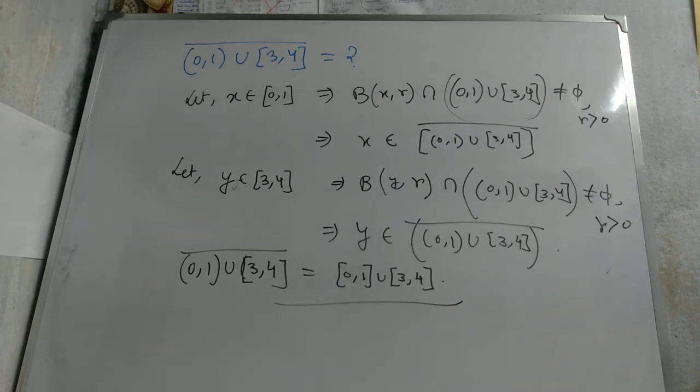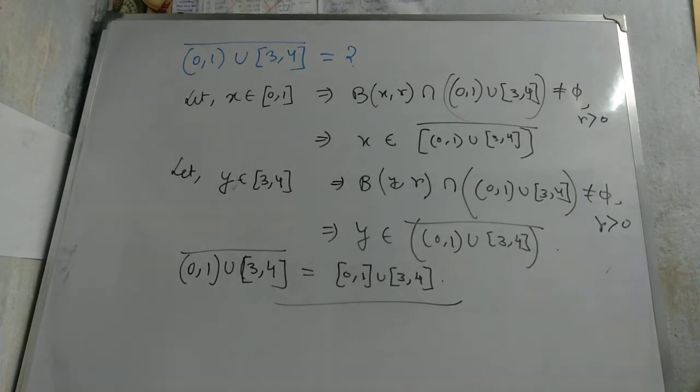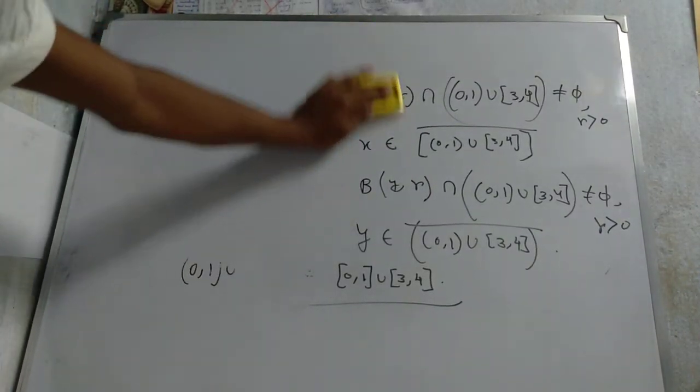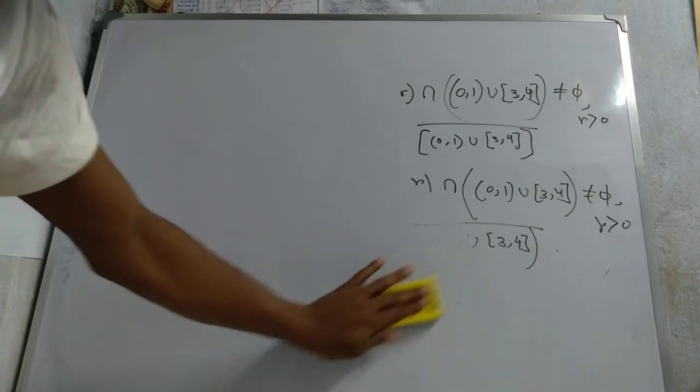Now we're going to discuss one example of the relations between the closures of some sets, that means how these are related to each other. That means the closure of A union B is equal to the closure of A union the closure of B. We prove it.